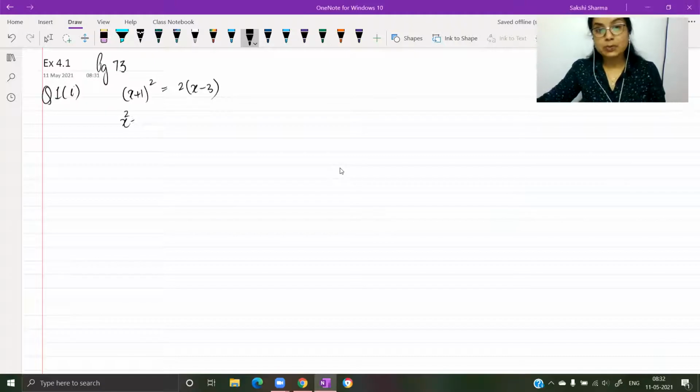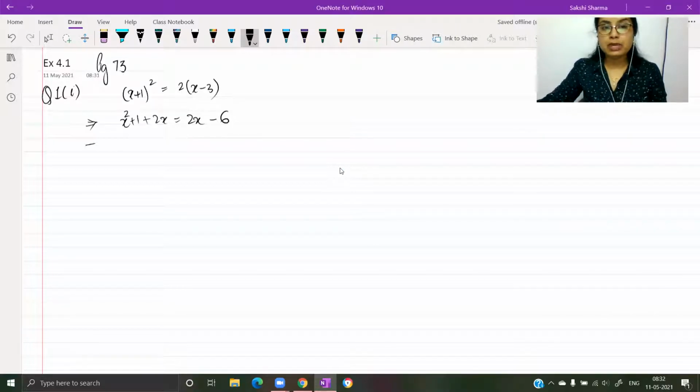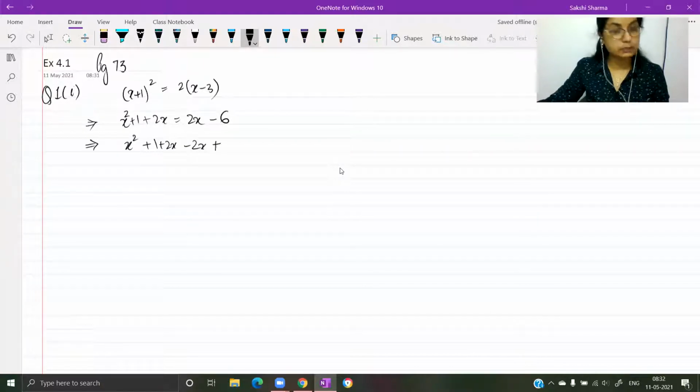Left hand side x square plus 1 plus 2x. Right hand side is 2x minus 6. Bring the terms to the left hand side. x square plus 1 plus 2x minus 2x plus 6 equals to 0. x square plus 7 equals to 0.